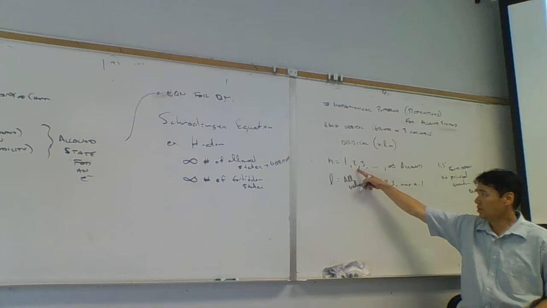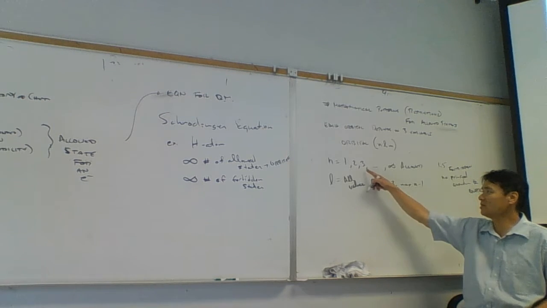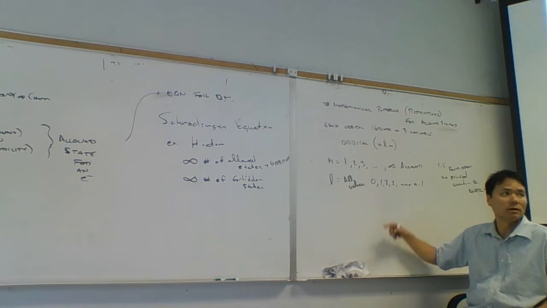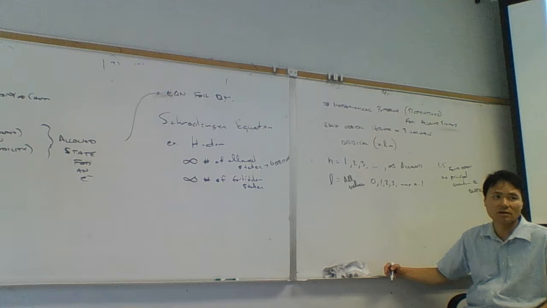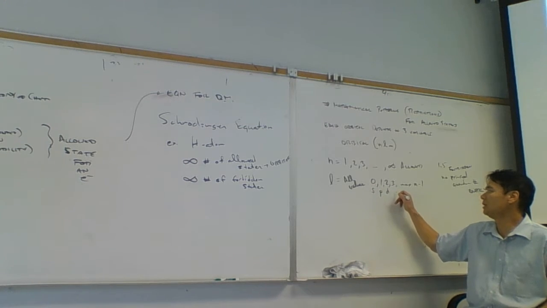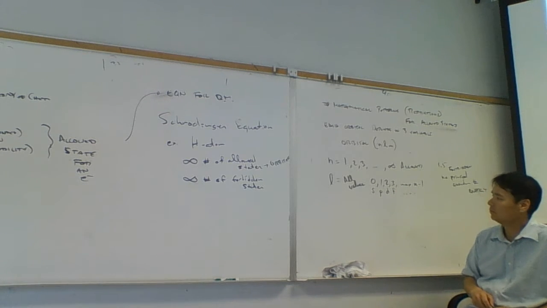If n is equal to 2, then we're going to have two l values, 0 and 1. If n is equal to 3, we'll have three l values, 0, 1, and 2. These are allowed. Everything else is forbidden. We give letter designations to this. We call 0 s, 1 p, 2 d, 3 f, etc. It would just go alphabetical on that.